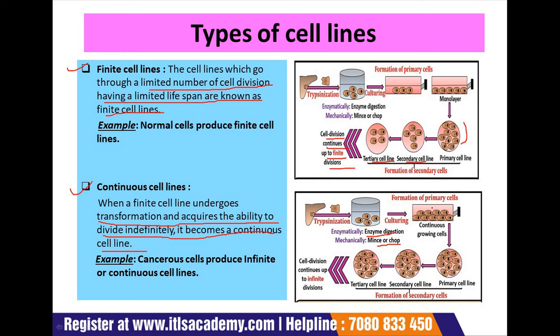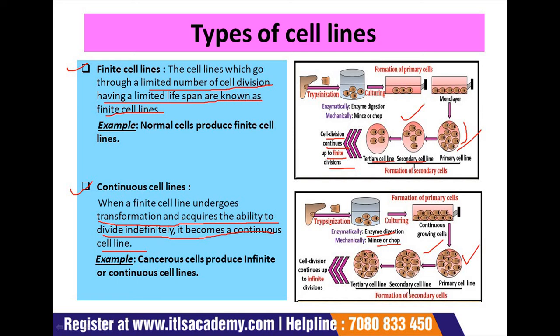Tissue cells are growing here in this picture, and then in the primary cell line you can see the number of cells is much higher as compared to this one, and then in the secondary cell line the number of cells is again higher as compared to the finite cells.